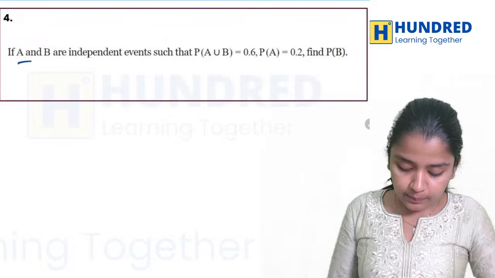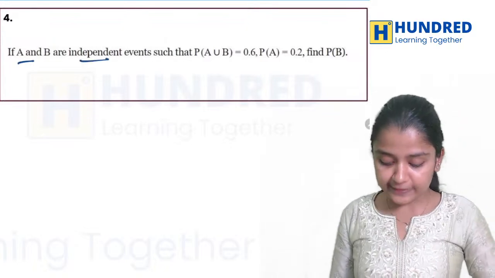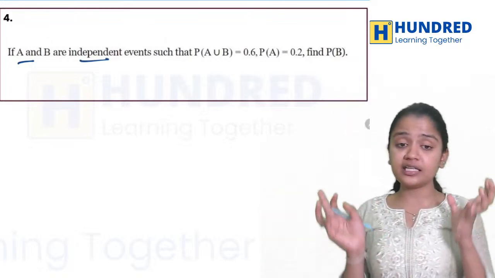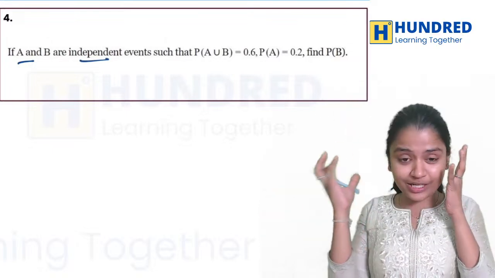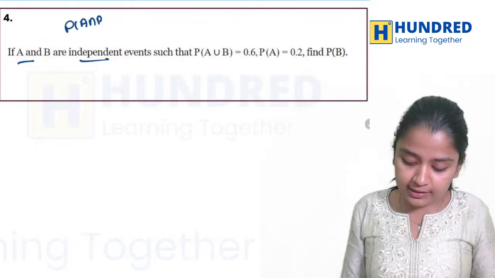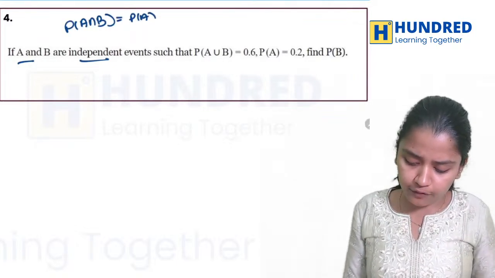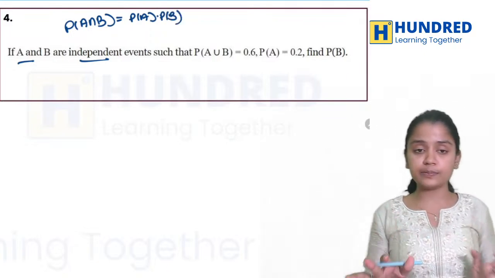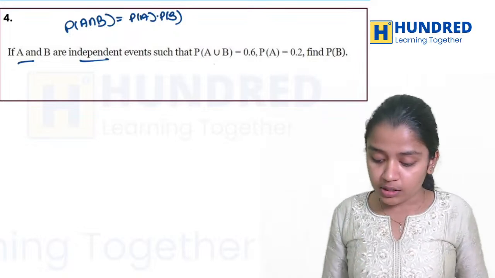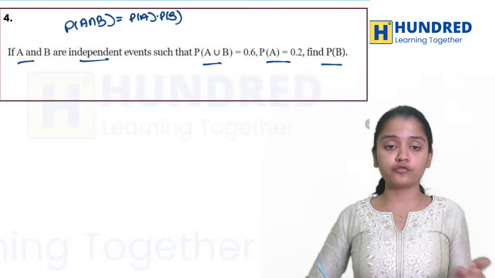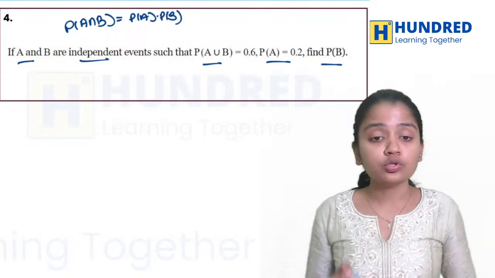The next one is: if A and B are independent events. It is said that A and B are independent events. When you hear independent events, the first thing that should strike your mind is that P of A intersection B is nothing but P of A into P of B. This is what should strike you first when independent events are mentioned. Okay, now A union B is given, P of A is given, you have to find P of B. Now you know the formula, right?